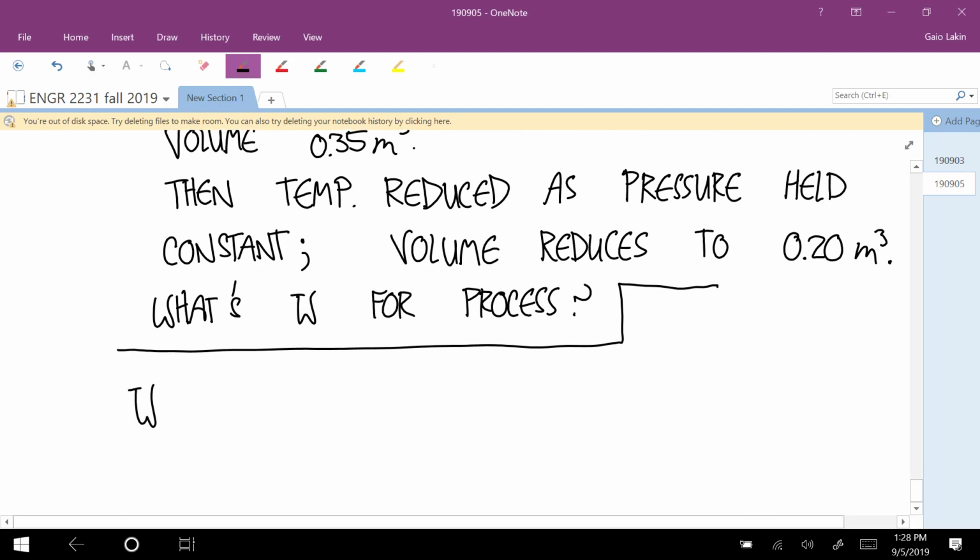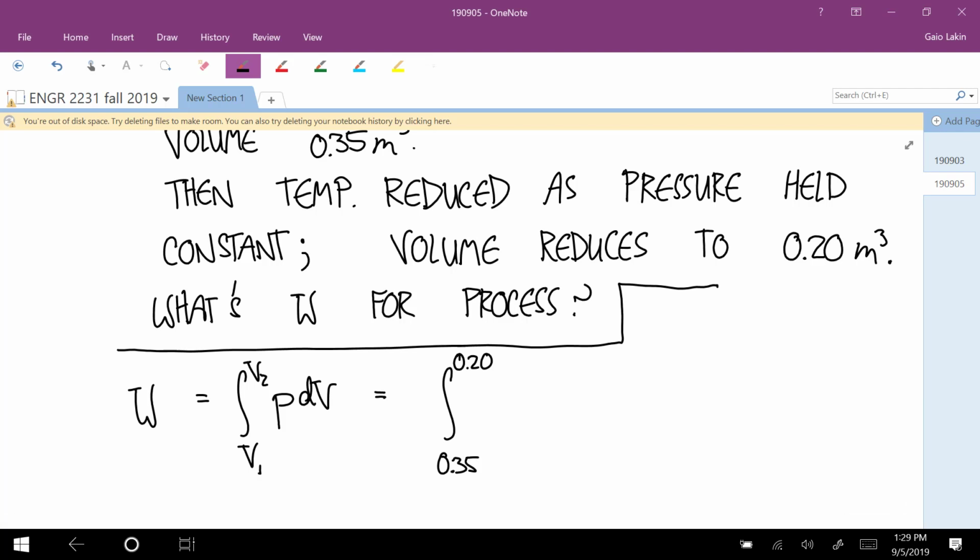Well, we know that W is equal to the integral from volume 1 to volume 2 of P dV. And we know the two volumes. We're starting out at 0.35 and we're ending at 0.2. The pressure is held constant, so over this whole integral, that pressure is 1.3 times 10 to the fifth, and then we're taking the integral with respect to volume.